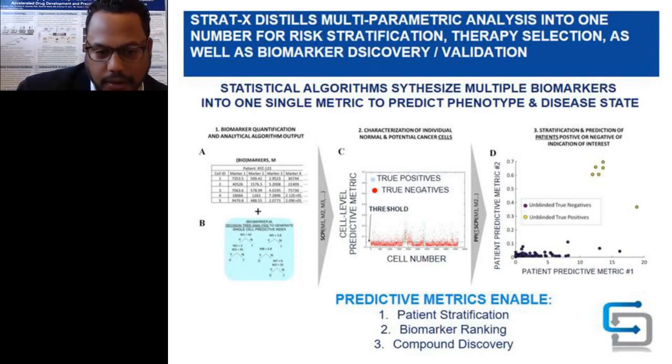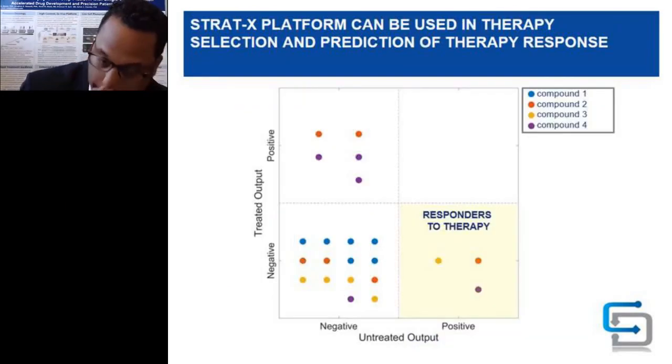So kind of a very simple way of thinking about it is the STRAT-X platform is able to predict whether a patient is positive or negative on the x-axis for a given adverse pathology or a given outcome. Let's call it metastasis.